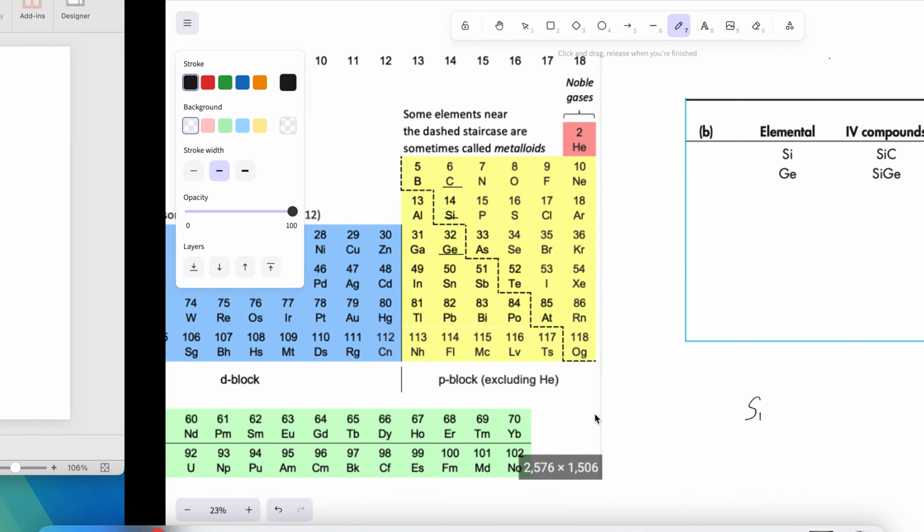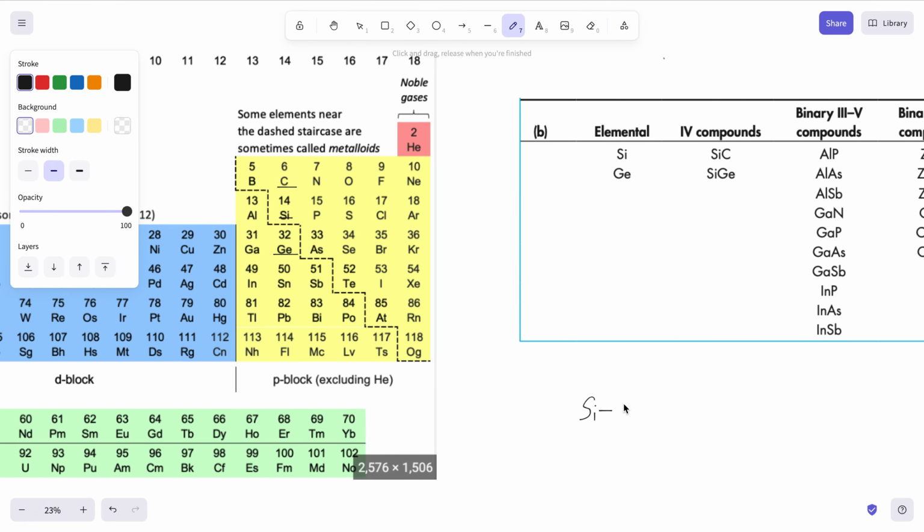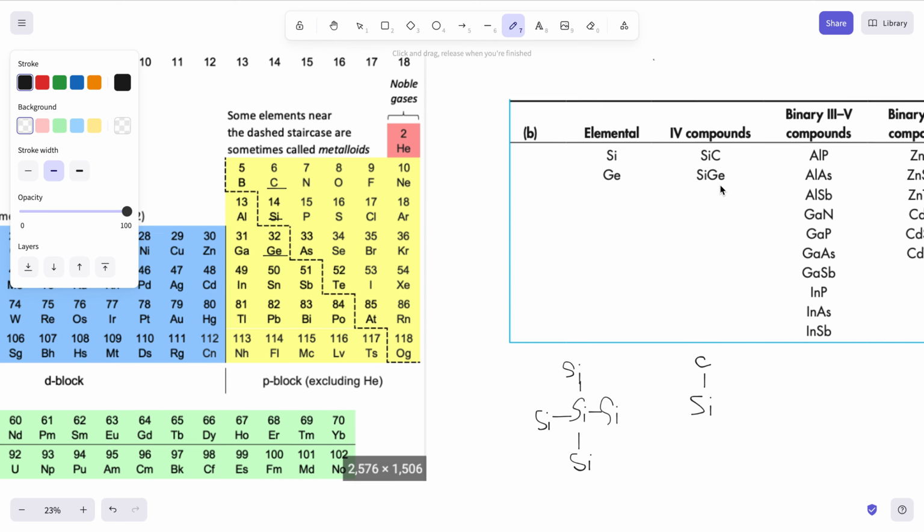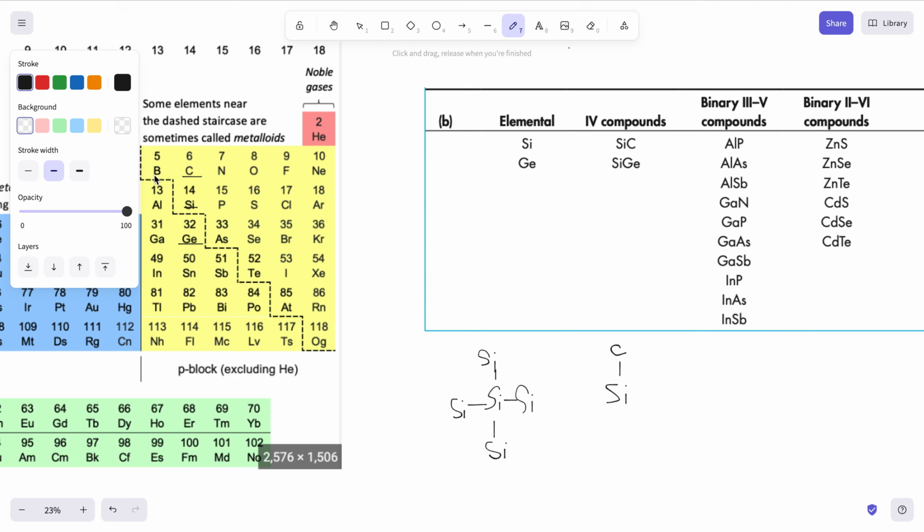So, for example, silicon will form tetrahedral structures like this, similar with carbon, similar with germanium. And they can also form tetrahedral structures with each other. So you can see silicon carbon bonds form, silicon germanium bonds form, and so these are some examples of semiconductors. But then also, these are considered the group 4 semiconductor materials because they occur with group 4 elements.